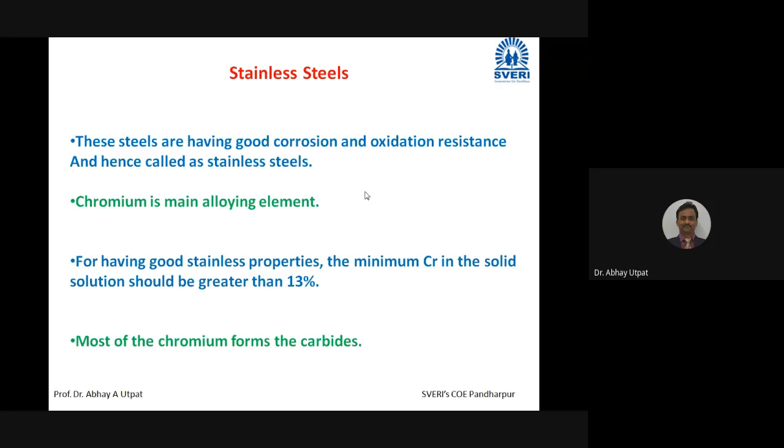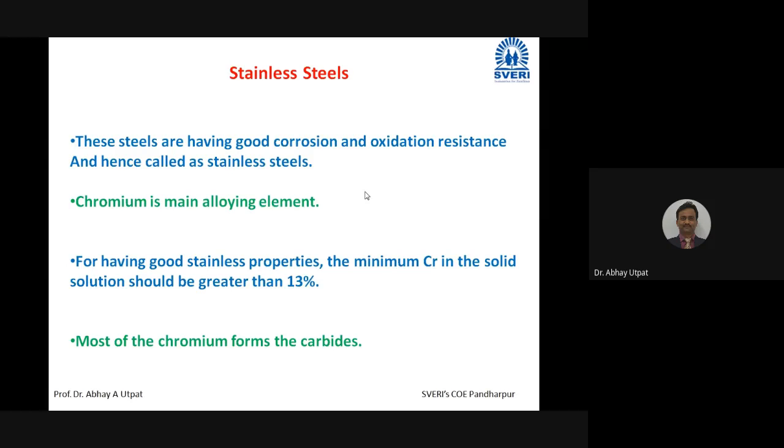So some of the alloying elements will get dissolved into the solid solution, that is alpha ferrite in this case, and it increases the strength of the alloy. Now, for having better corrosion resistance properties, for having good stainless properties, your chromium in the solid solution should be greater than 13%. Means definitely it should be in more amount, because chromium will be distributed in two places.